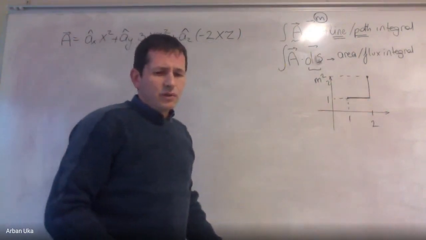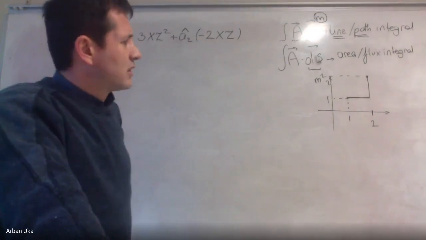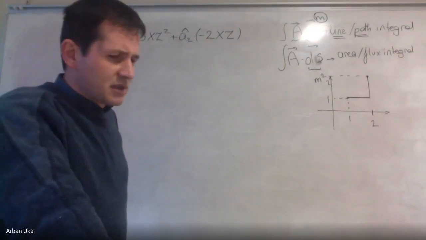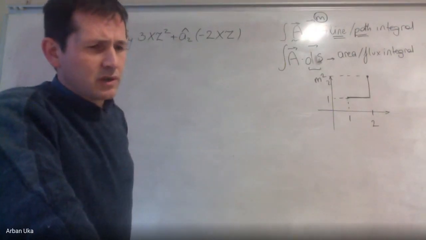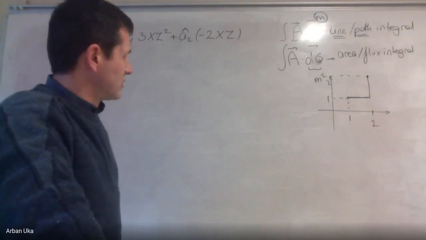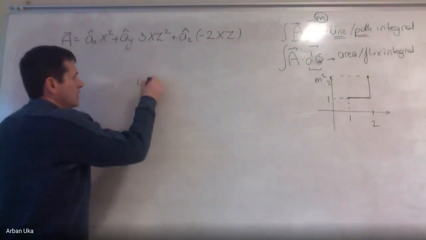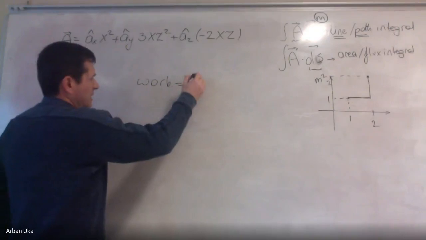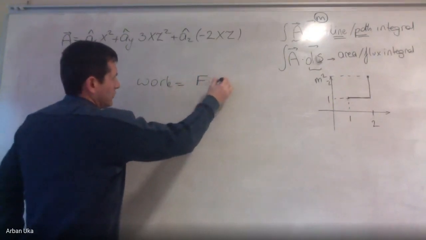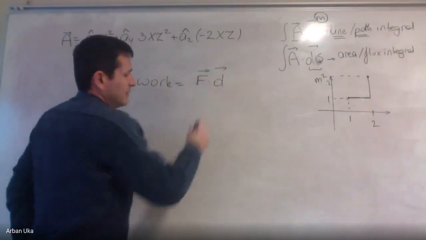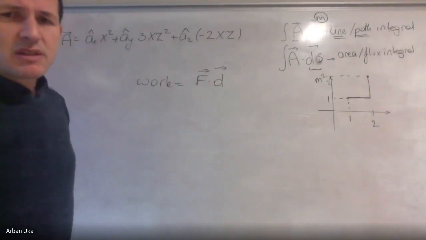Now, an intuitive equivalence worth mentioning here is when we calculate the work. Let me remind you: what is the work equal to? In mechanics, you have seen that the work is equal to force times distance, but this was a dot product.